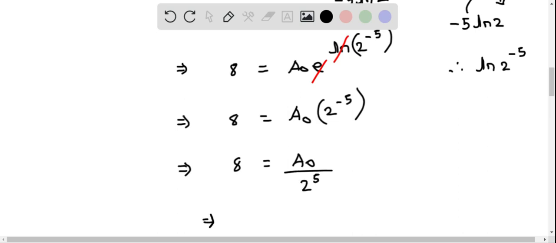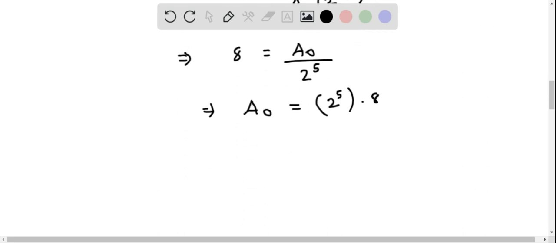This gives the value of A naught: A naught equals 2 to the power of 5 times 8. We just multiply both sides by 2 to the power of 5 to get A naught. So A naught equals 2 to the power of 5, which is 32, times 8, and this equals 256.